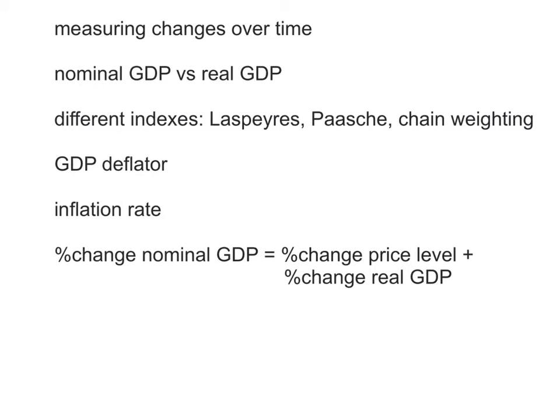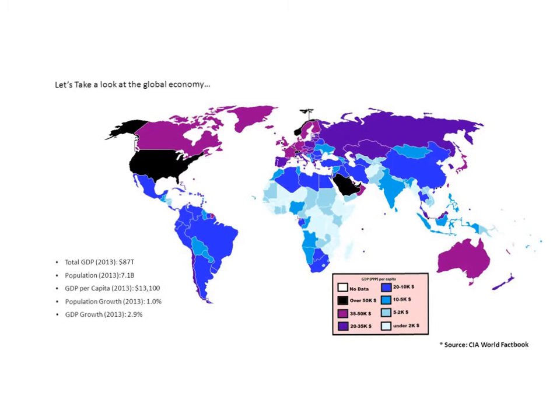Nominal changes in GDP and real changes in GDP are related to each other by the level of inflation according to the equation there. So just check the notes and check the textbook and be sure you understand these things.